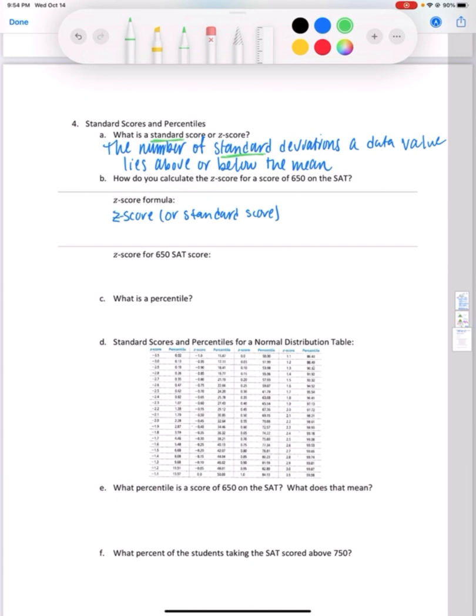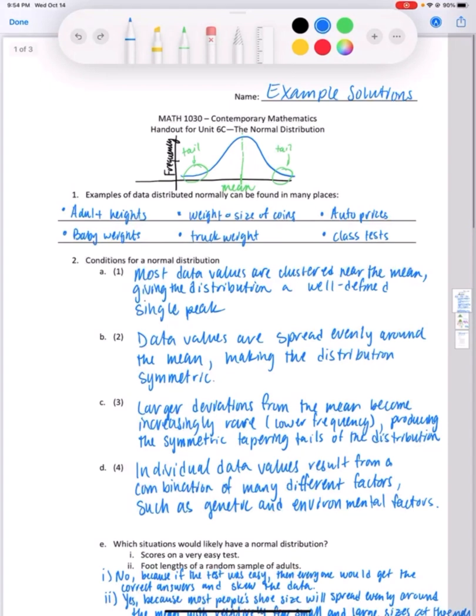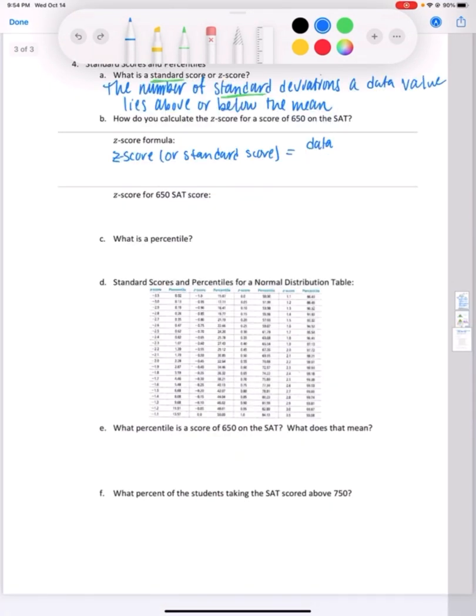The z-score, or the standard score, is equal to the data value, subtract the mean, divided by the standard deviation.